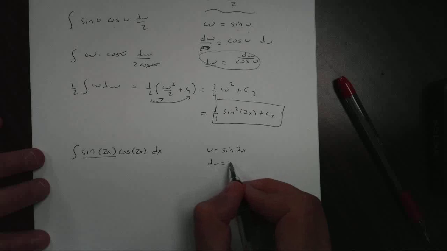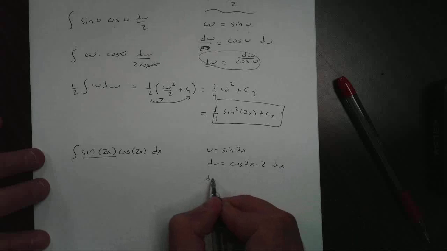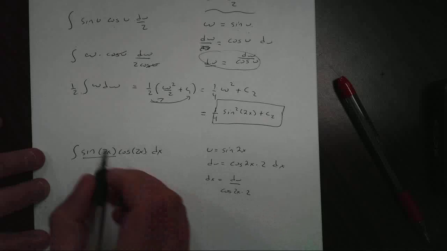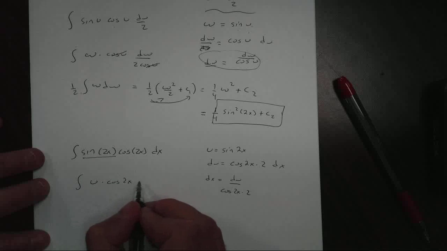So my du becomes cosine of 2x times 2, dx. dx becomes du over cosine 2x times 2, and if I plug it in, I get u times the cosine of 2x, and du over cosine 2x times 2. Cancel, cancel.